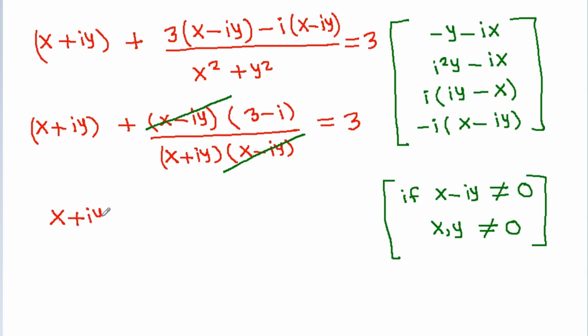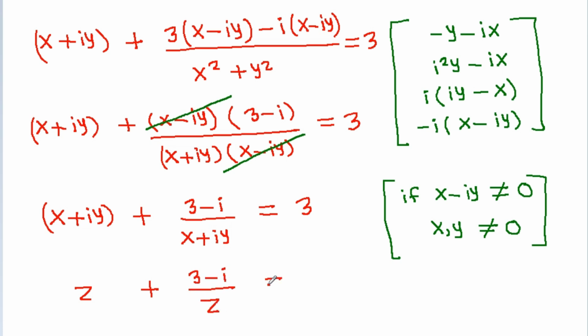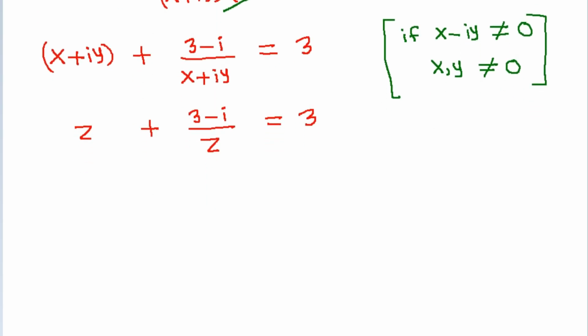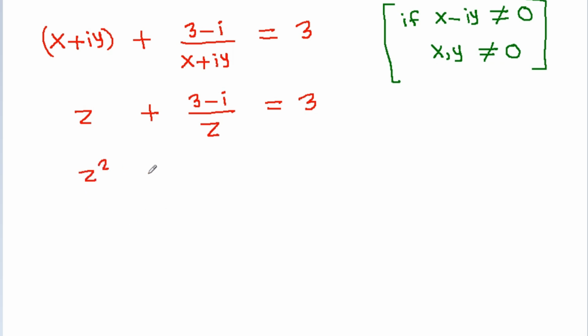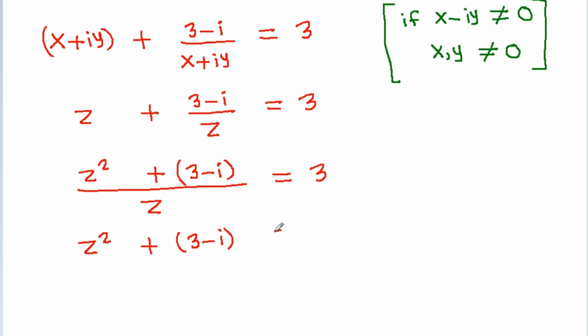and it is x plus iota y plus (3 minus iota) by (x plus iota y) is equal to 3, and x plus iota y is z, so z plus (3 minus iota) by z is equal to 3, and if we cross multiply, then z square plus 3 minus iota will be equal to 3z, and it is z square minus 3z plus 3 minus iota is equal to 0.